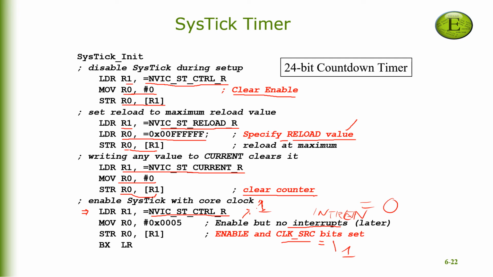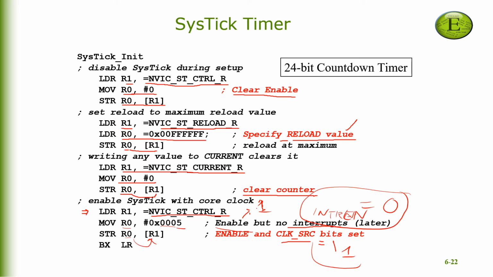So this setting, where enable is 1, clock source is 1, and interrupt is 0, corresponds to the value 5 in the least significant 8 bits. The upper 24 bits are all zeros. So once we have put the value hex 0005 into R0, we store it back to R1.